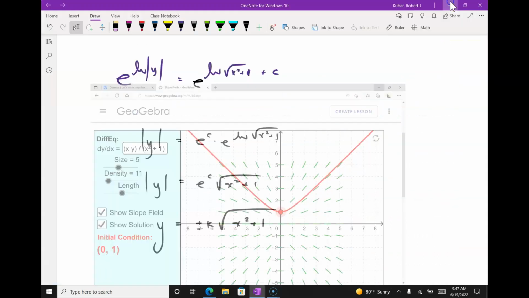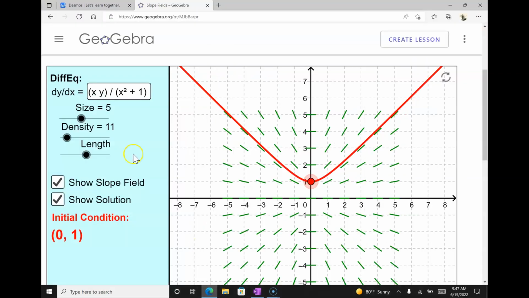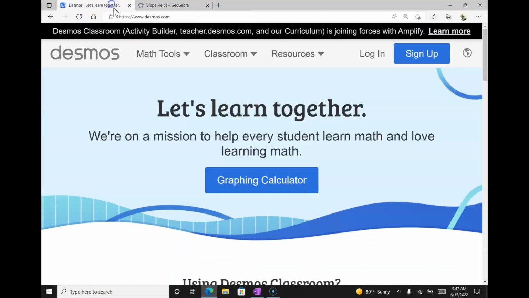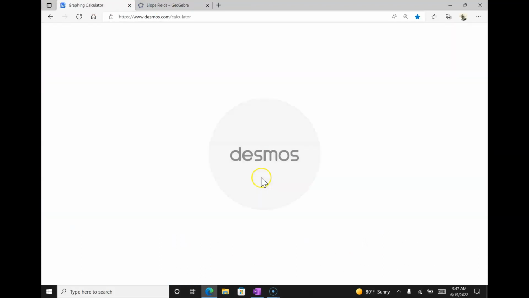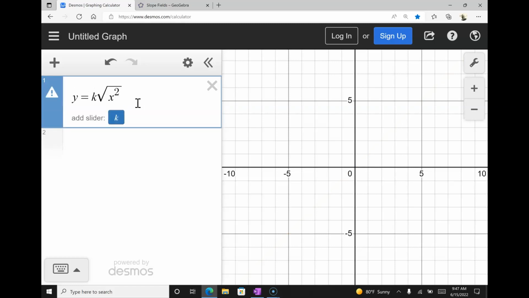So let's see what we get here. I like going to Desmos here. I don't know why I feel like I have a mistake, but y equals k square roots of x squared. Oh, no, I don't. I know what I'm thinking.